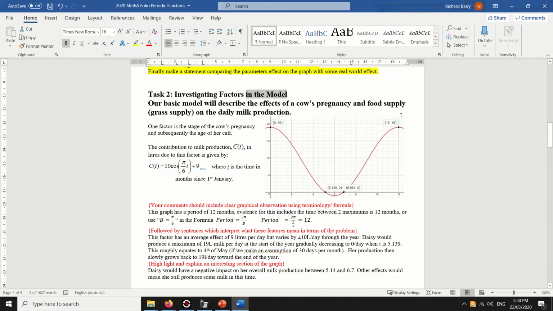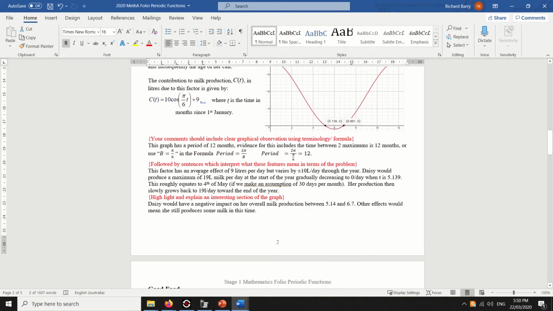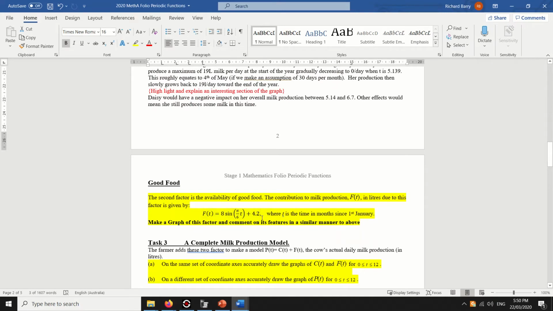So this is what we mean by the word model, and this is what we mean by the word interpret, the effects of the model. I have here an example of how you would explain these graphs. Now, I don't want you to explain this graph. I would like you to plot this graph and explain it. Hence, this is why this is coloured in yellow.